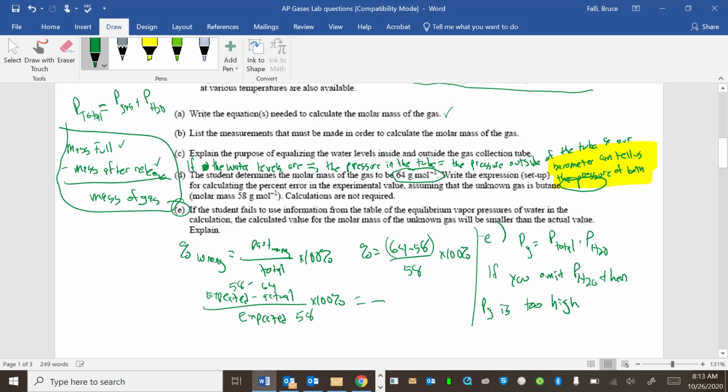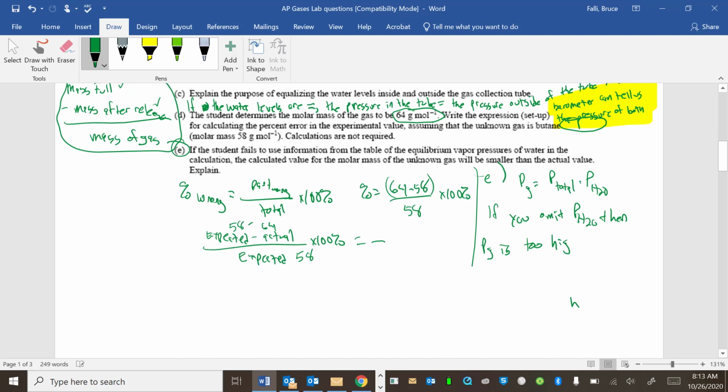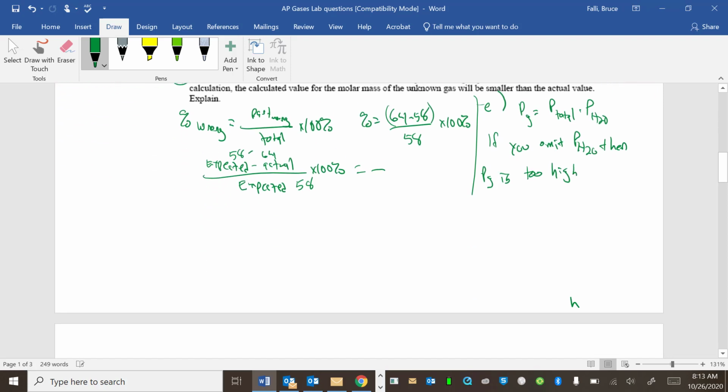I'll let that settle. Oh well. In PV equals mass RT over molar mass, molar mass equals RT over PV.